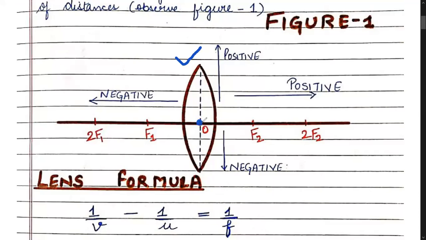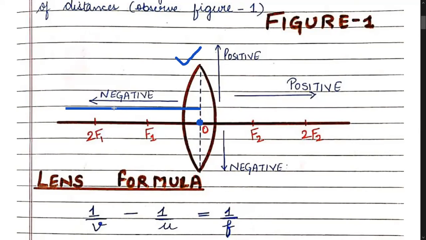We will take the optical center as the origin, as taken in a graph, such that all the distances have to be taken from the optical center, and the distance towards the right side will be taken as positive. Since it is the positive x-axis, the distances along the right side of the optical center will be taken as positive, while the distances on the negative side will be taken as negative.